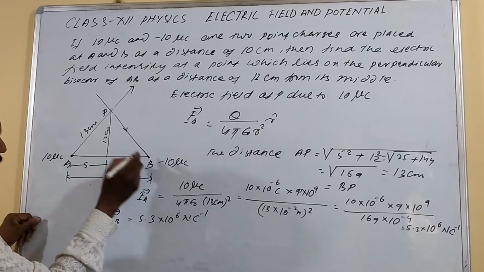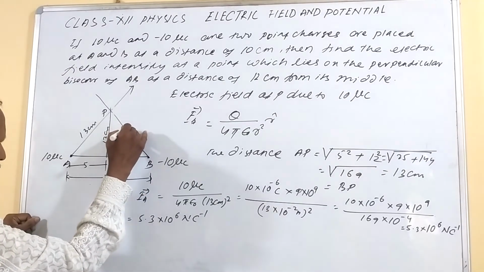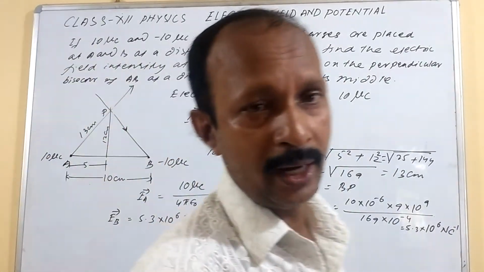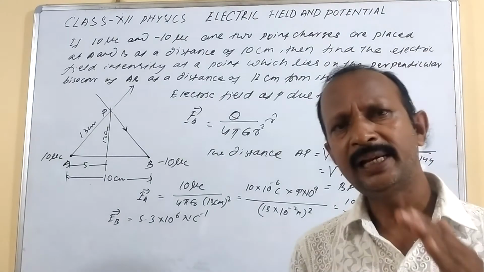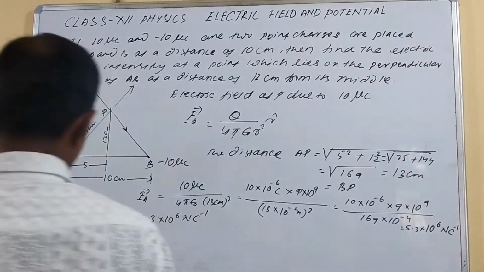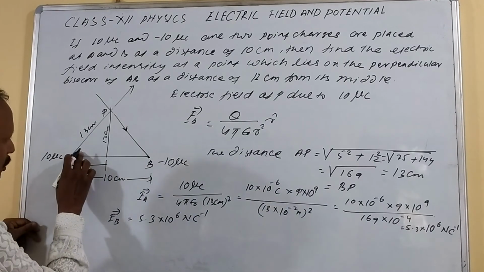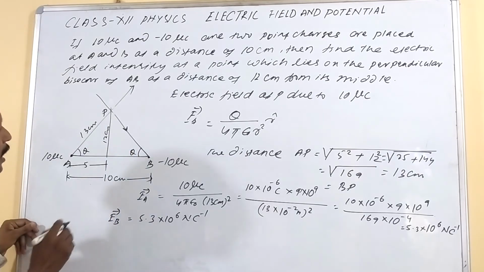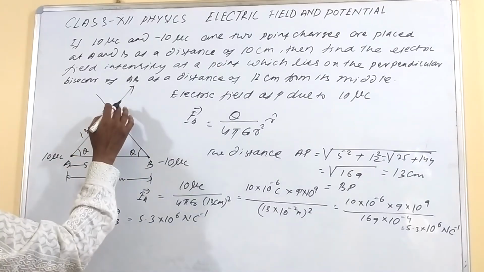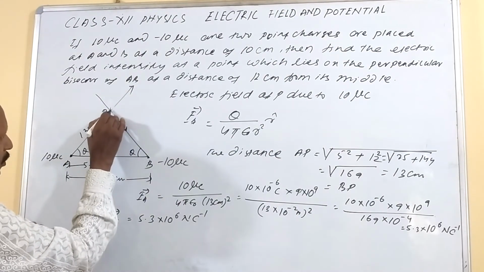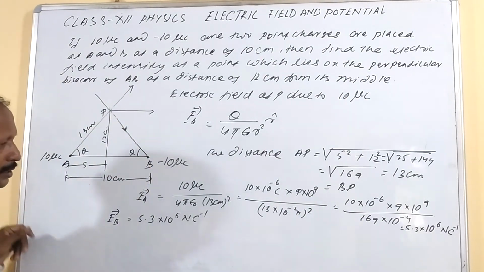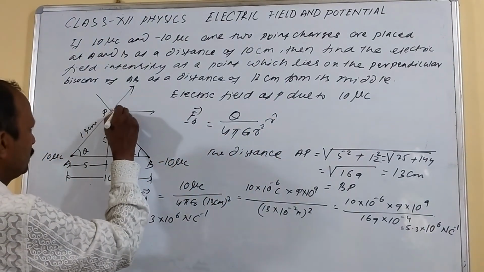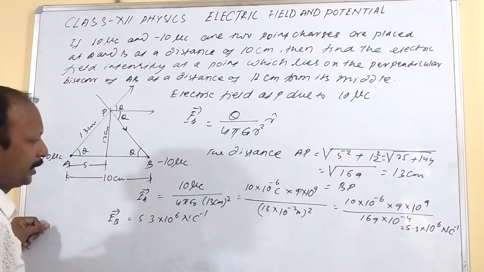But I have to calculate the net electric field at this point P. Now you see that this is 10, this is 10. Suppose this angle is theta, this is also theta. Now the fields are acting like this. So definitely the resultant field will be on the bisector of these two.